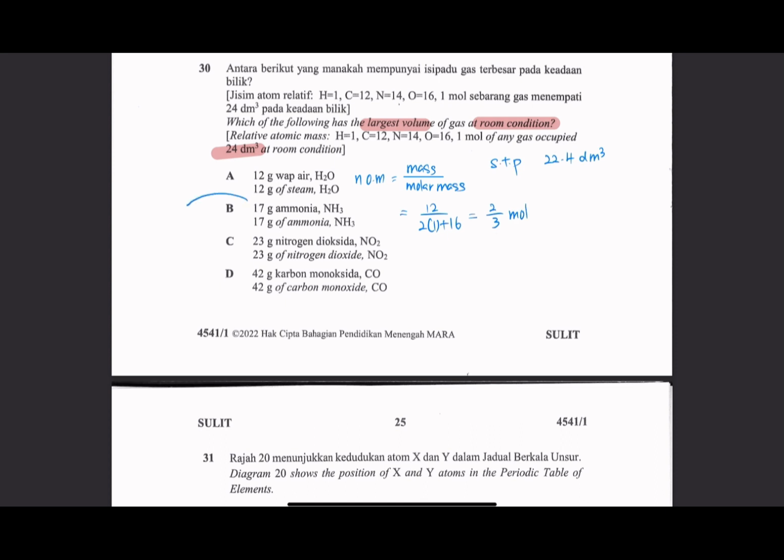Okay, for B, same, we calculate the number of moles one by one. 17 gram, molar mass, 1 nitrogen and then 3 hydrogen, so 1 mole.